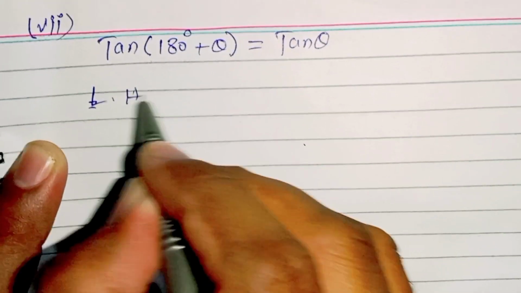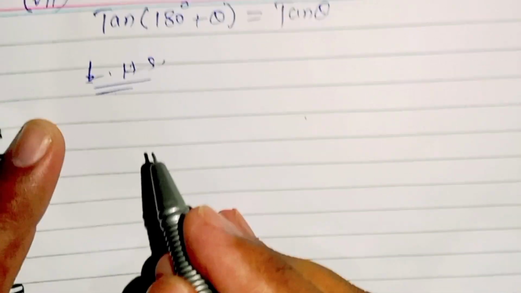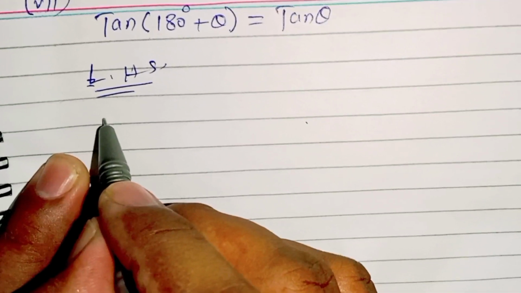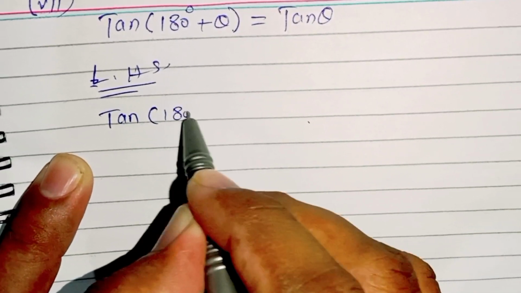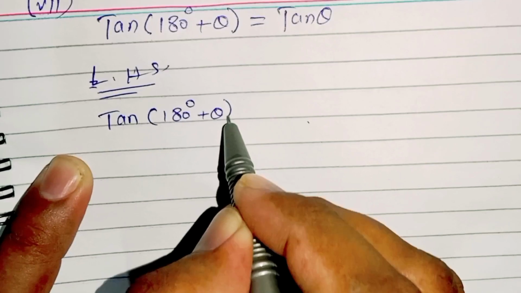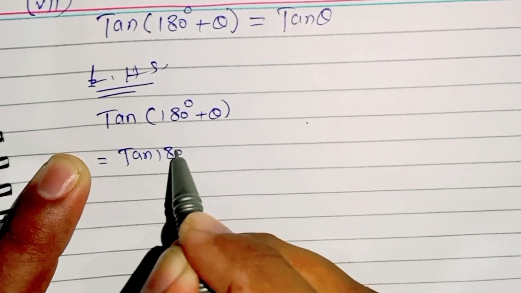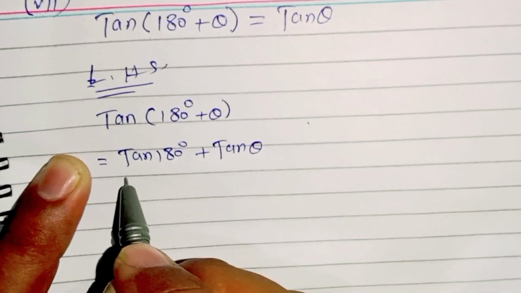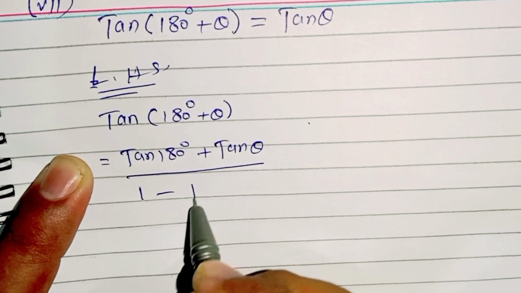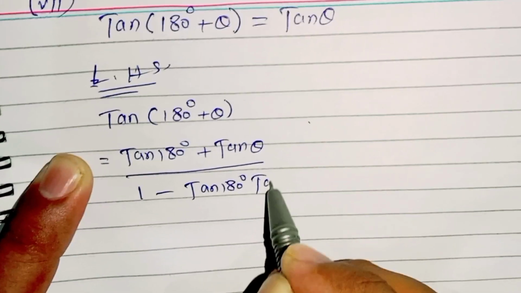Taking the left hand side, tan of 180 degree plus theta can be written as tan 180 degree plus tan theta over 1 minus tan 180 degree tan theta.